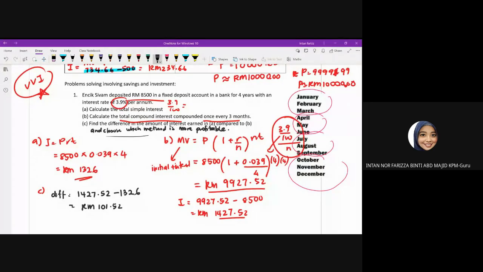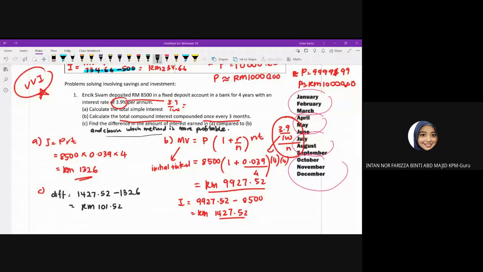Choose which method is more profitable. Girls, which one is more profitable? Which one will give you higher return? Using the simple interest or compound interest? Obviously, it is compound interest.